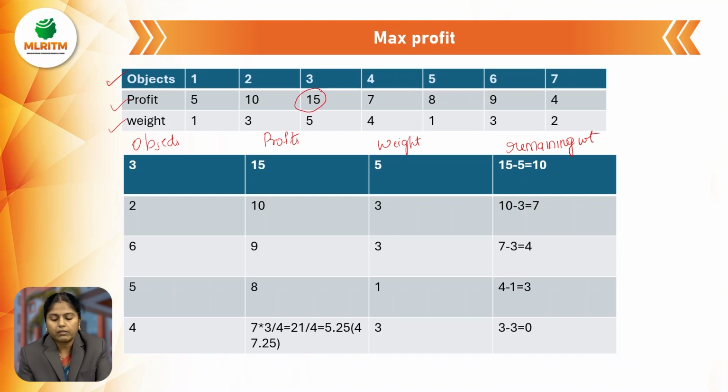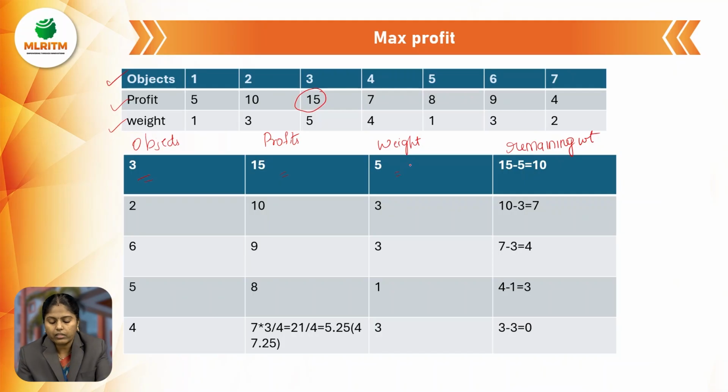15 is the maximum profit among all these profits. Then we consider that one. What is the object for this 15? Object 3. What is the profit for this object? 15. What is the weight for this object? 5.